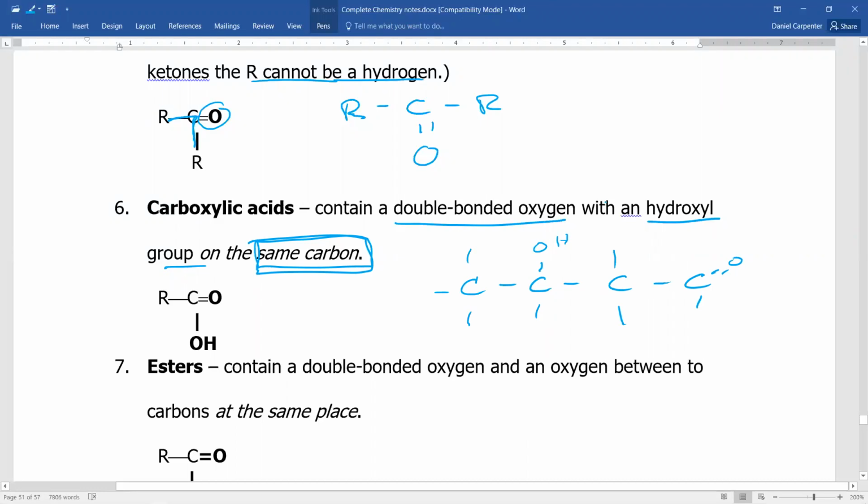It would be two things. It would be an alcohol, and since that's an end, it would be an aldehyde. So it is possible to have multiple kinds of substituted hydrocarbons in the same molecule. So they have to be on the same carbon. This would have to be here to change this to a carboxylic acid.